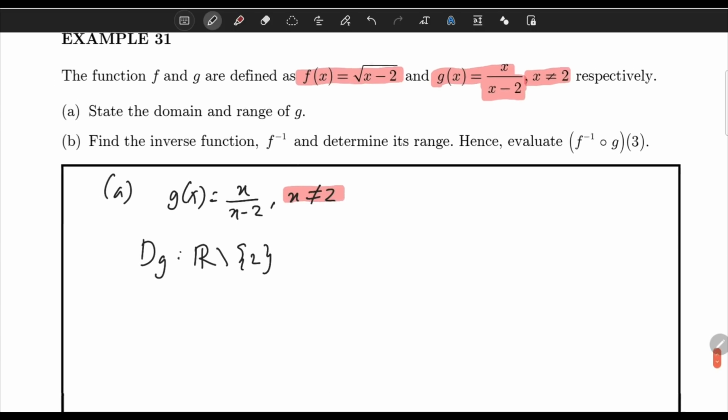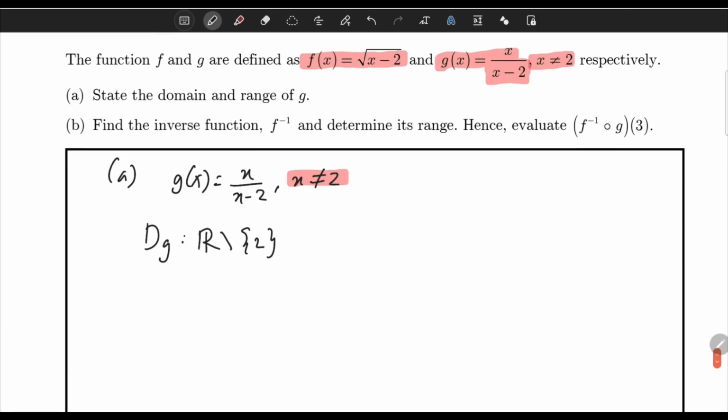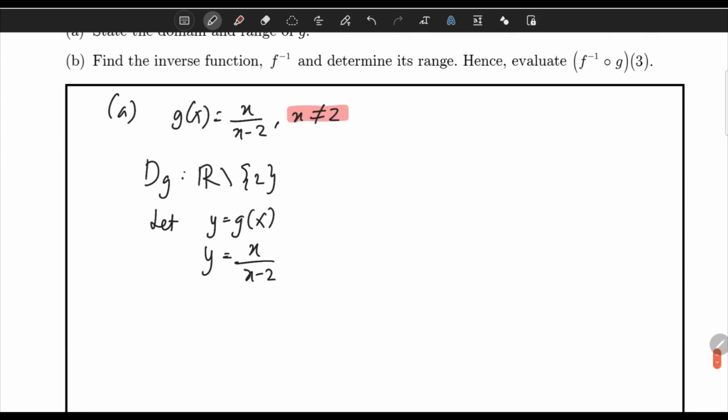Next we're going to find the range. So we let y equal g(x), so y equals x over x minus 2. Cross multiply, so we get y(x minus 2) equals x, xy minus 2y equals x.